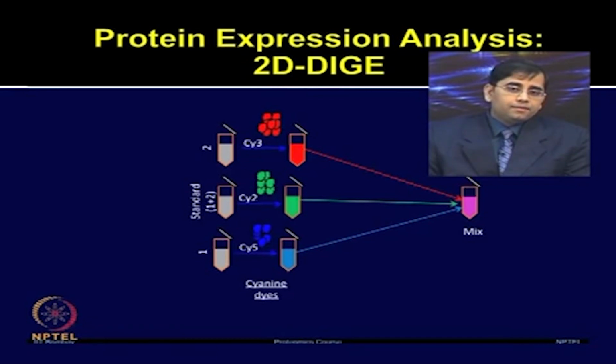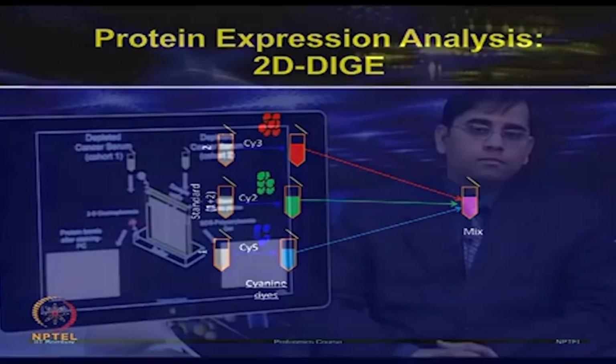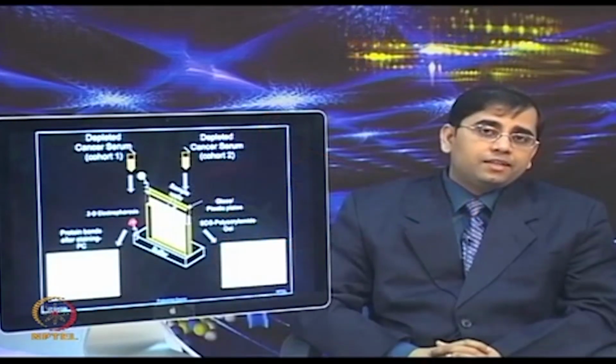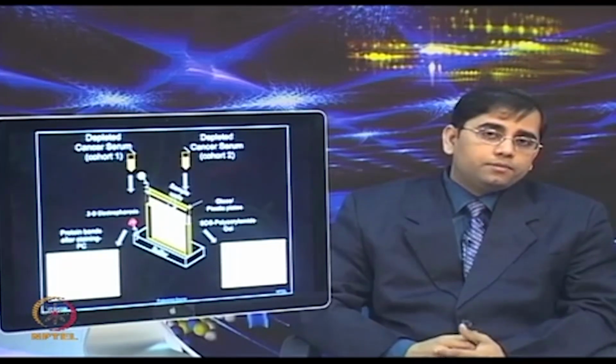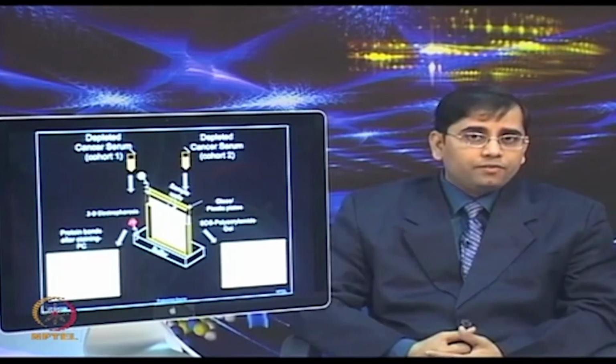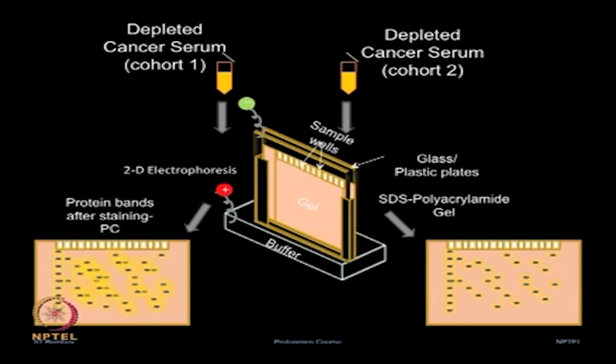As you can see in the slide, these samples were first labeled with Cy3 and Cy5, and the internal reference pools were labeled with Cy2 dyes. These samples were then mixed: the depleted cancer serum from the first cohort of Gleason score 5 and the second cohort of Gleason score 7.